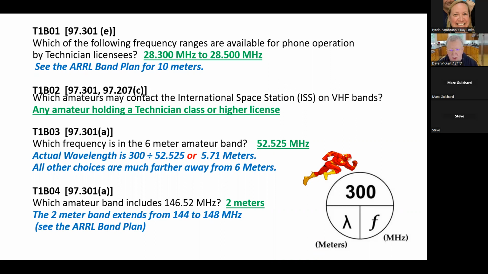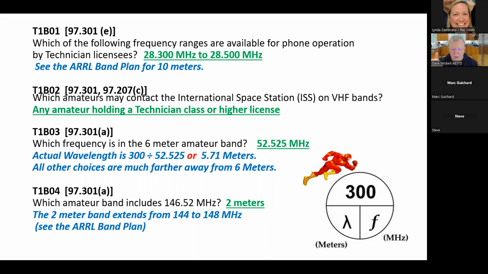And if you look at all of the frequencies that are there, there's only one that's close to 50 megahertz. Similar with 146.52 megahertz, it asks you what band it is.